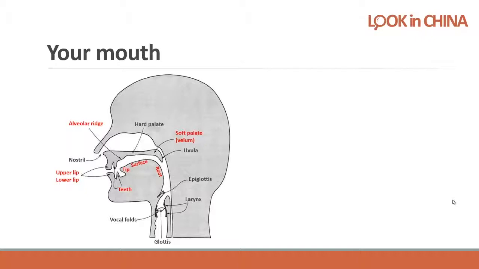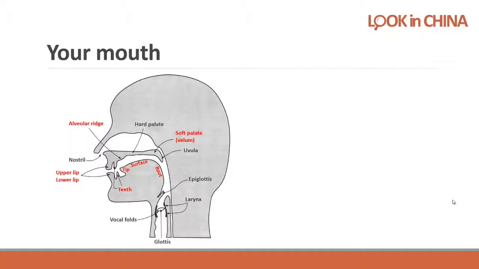Real quick, let's talk about the alveolar ridge. Put your tongue in the front position, right up against the back of your teeth. Now, slide your tongue back along the roof of your mouth, and you should feel a hump right behind your front teeth. That's your alveolar ridge.